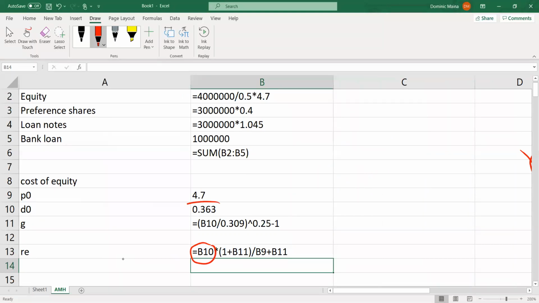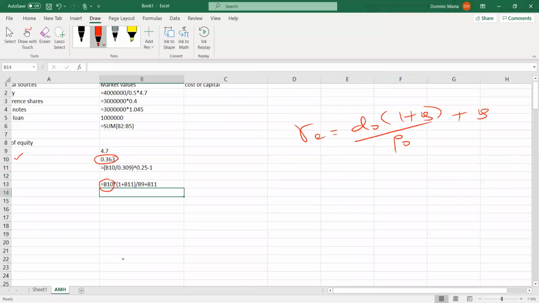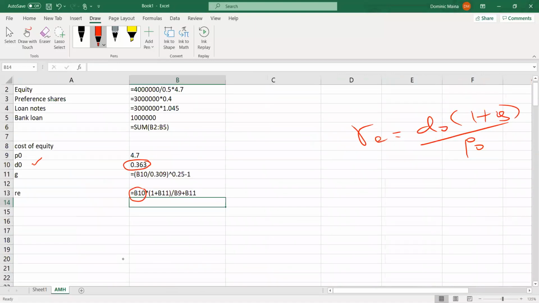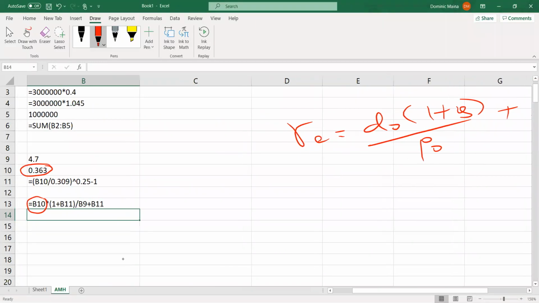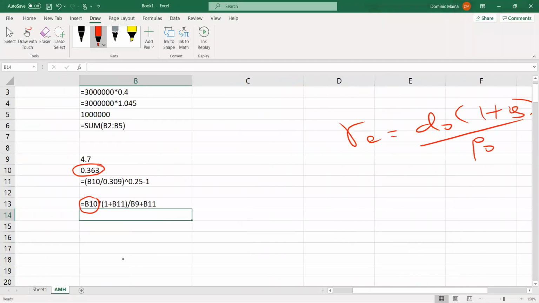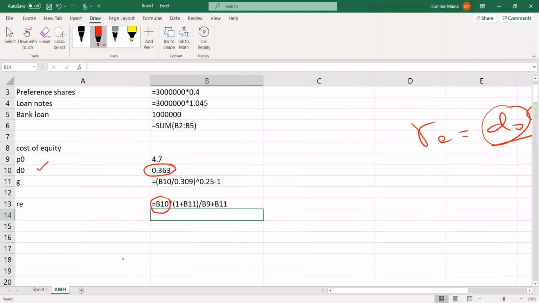Where is B10? This is the D naught here. Multiply by 1 plus G, G here is what we got here. This is the G we got.